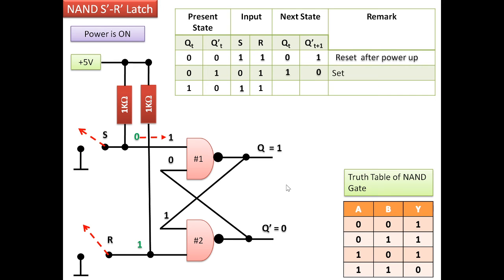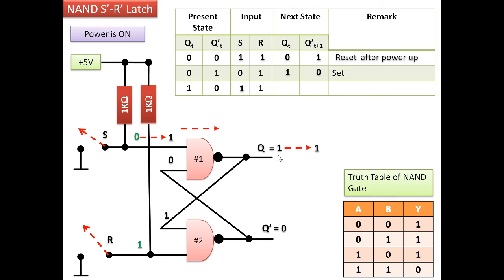Now let us move the switch. Once we move the switch, the low logic is removed, and again due to the pull-up resistor the input changes to 1. But let's see whether the output changes or not. Now since this NAND gate 1 gets activated, the output will be changed here first. So let us see what happens.